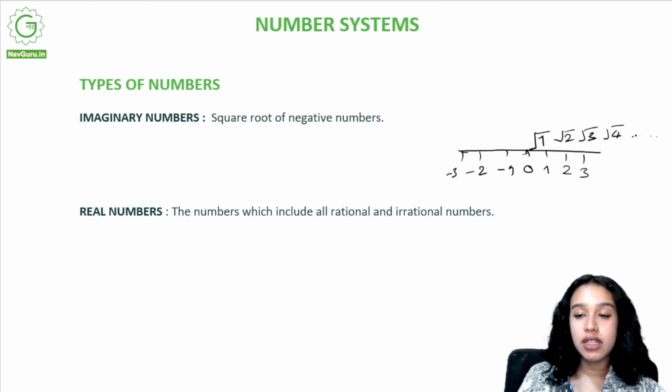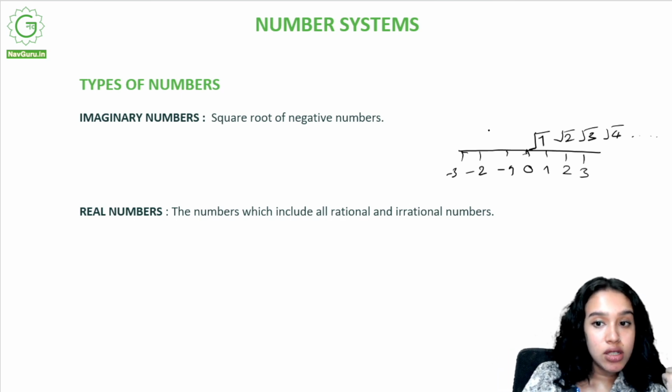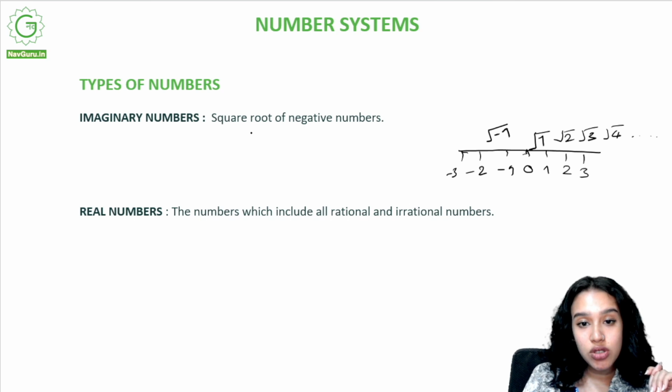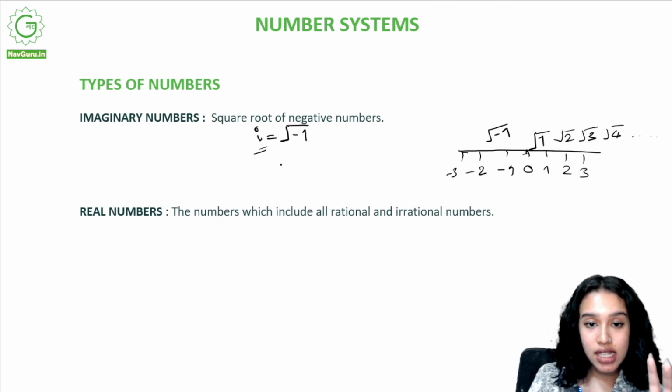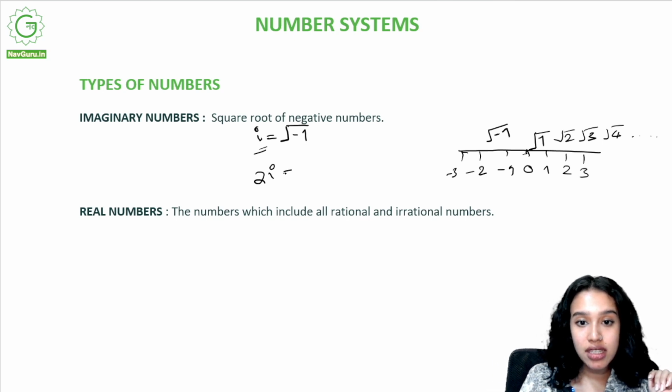We could always find the roots of these. But what about the negative roots? What should we say the root of -1 is? So we introduced a new number called i, or iota, which is equal to the root of -1. So iota, or i, is called an imaginary number. So we could say that 2i is root of -2.